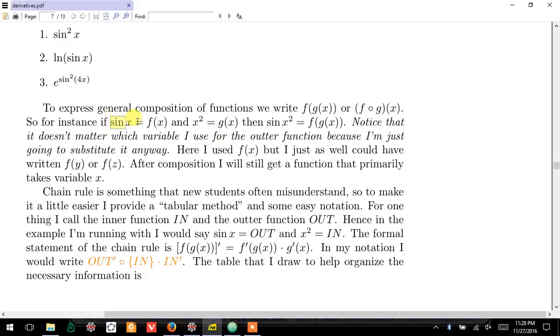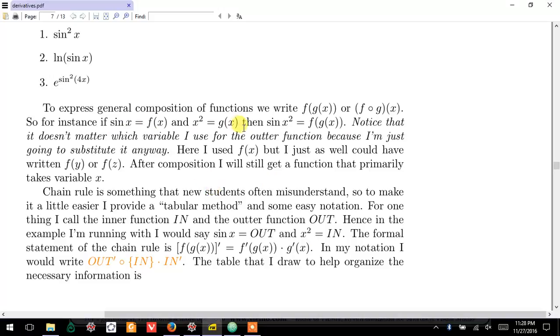So if we say that f of x is sine x and g of x is x squared, then we could rewrite sine x squared as we are putting g inside of f. That's an equivalent expression.